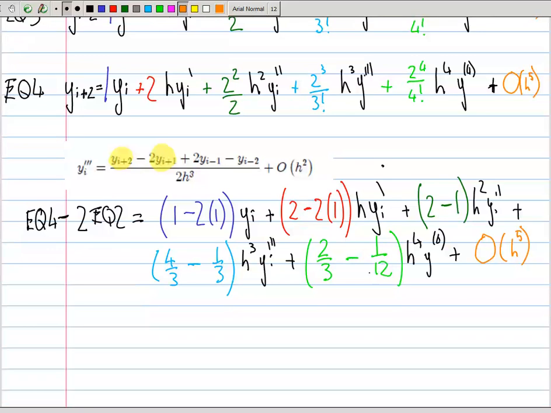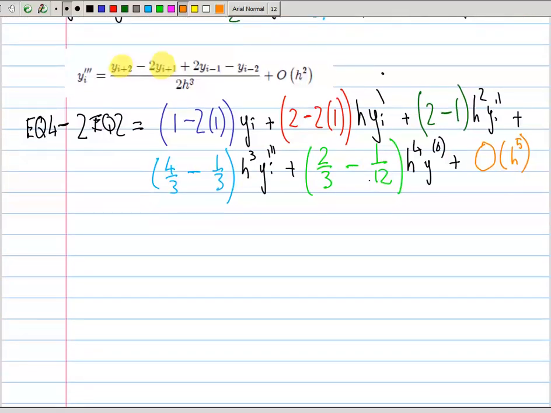Now, this can definitely be simplified. So let's do that over here. If we simplify that, on the left we'll end up with y_{i+2} minus 2y_{i+1}.